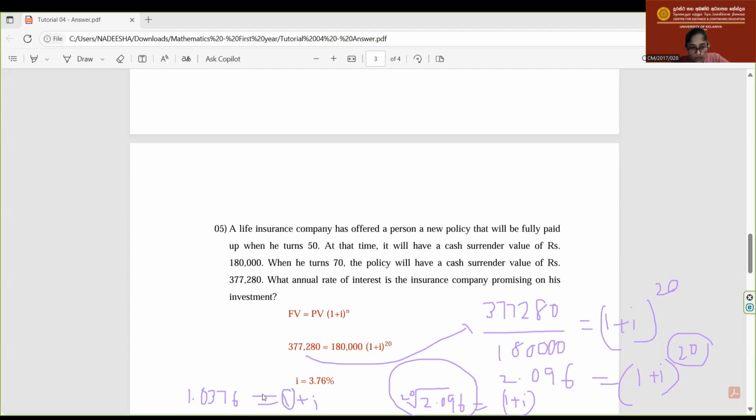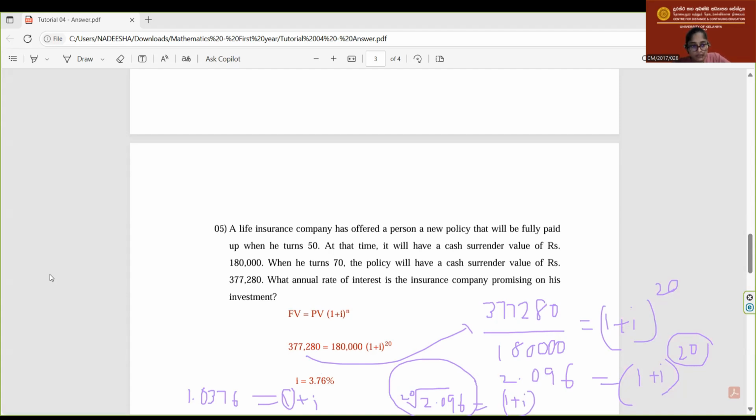Therefore, you press 1.0376 minus 1, then you can isolate i. The answer would be 0.037694617 if you use the whole number, but with 4 digits only, 0.0376. Then as a percentage, because the interest we have to keep as a percentage, we multiply it by 100, and the answer would be 3.76 percent. This is what you have to follow.